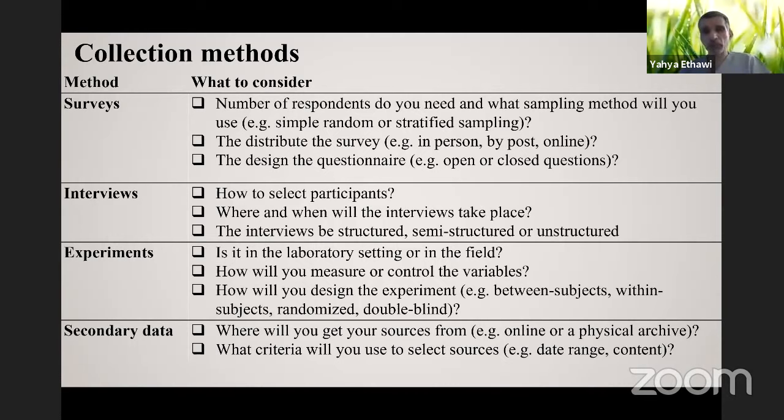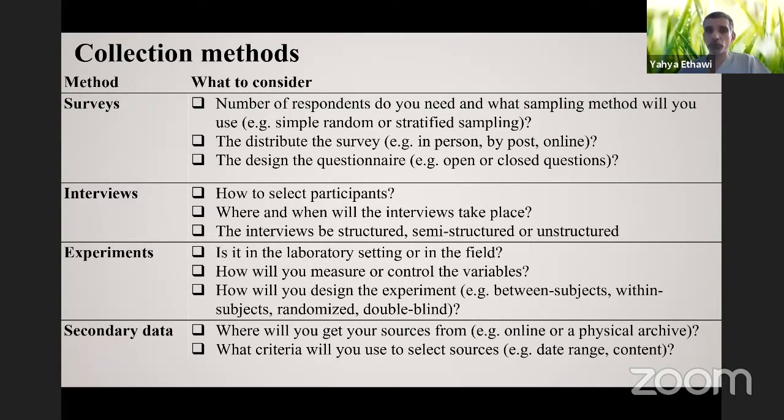Now, the collection method also changes. It can be a survey. So you send something to these respondents and they answer. And usually, remember, the survey is a non-probability study. It's not simple randomization or stratified randomization or cluster randomization or systematic randomization, because it's non-probability. While interview depends.